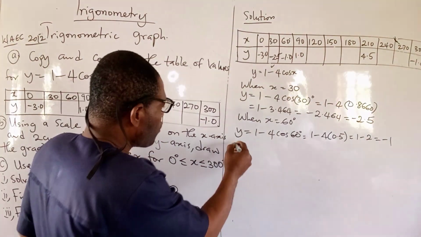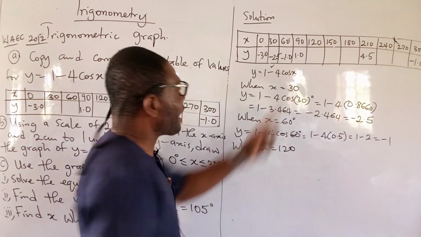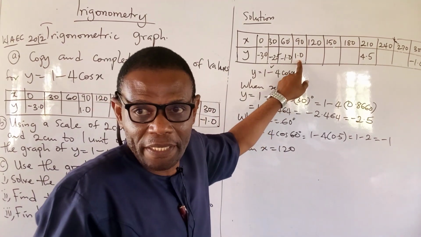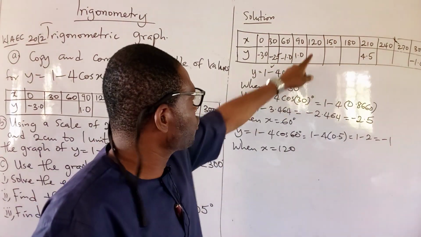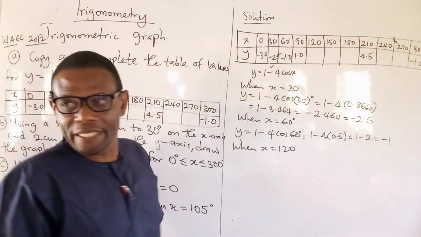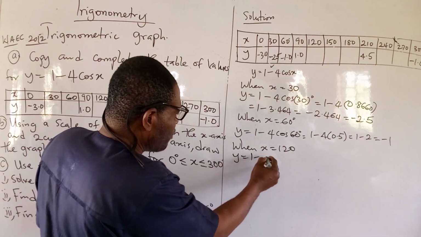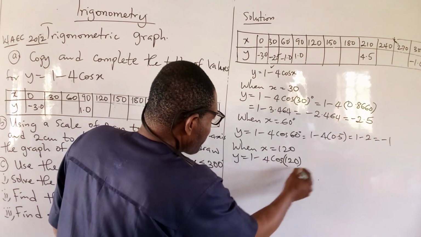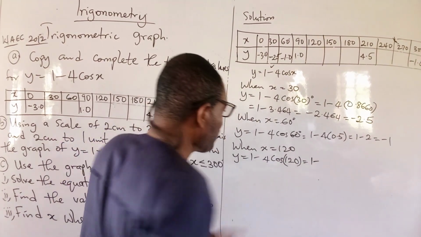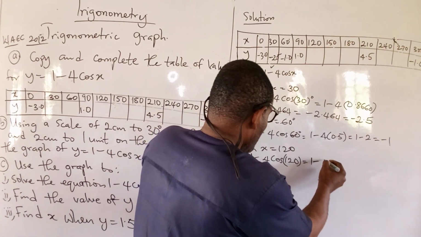The next one is when x is equal to 120. The value for 90 has already been given, so you don't have to do that. So when x is equal to 120, we have y equals 1 minus 4 cos 120 degrees. What is cos 120 degrees? Minus 0.5.